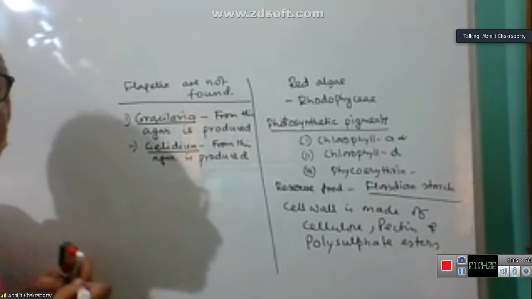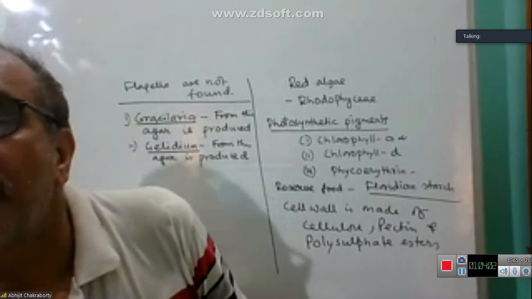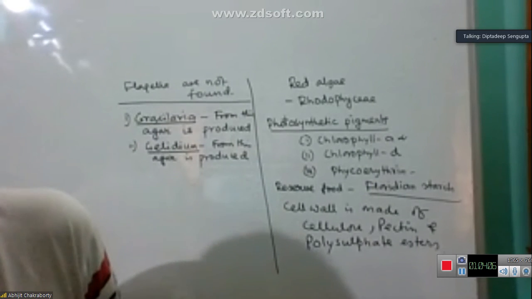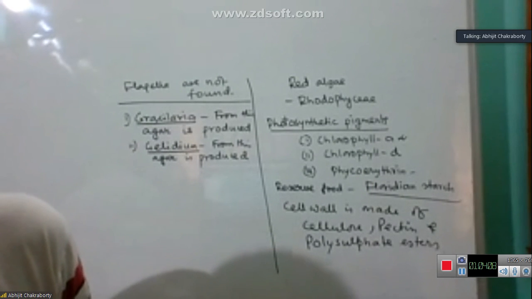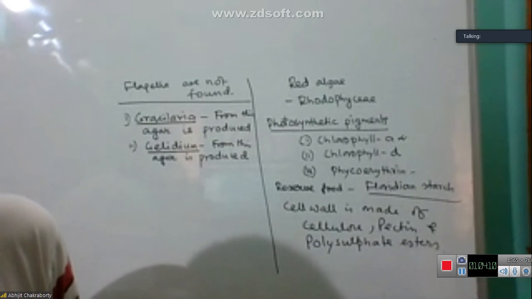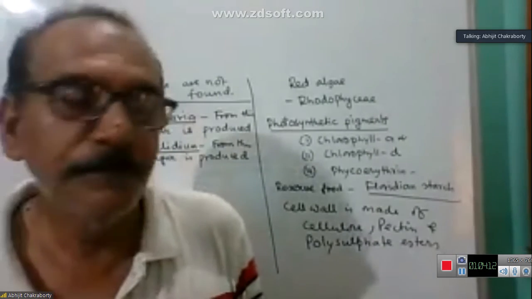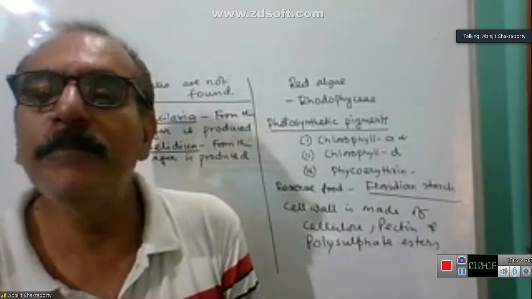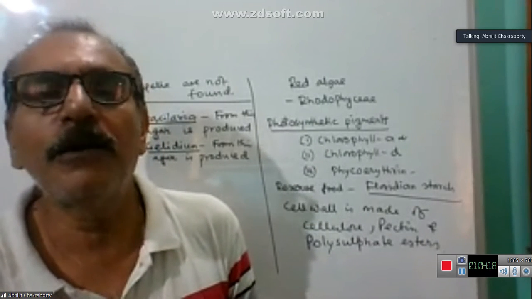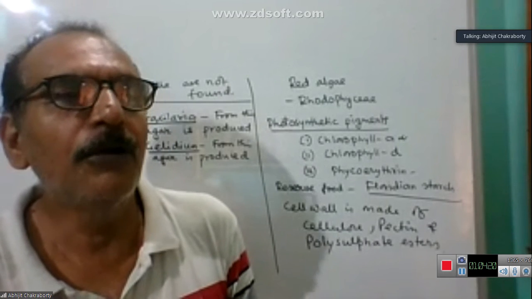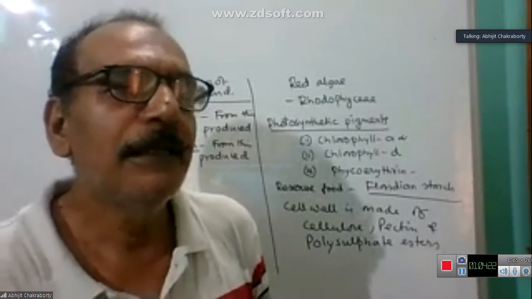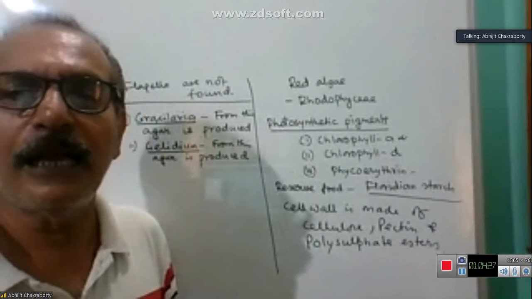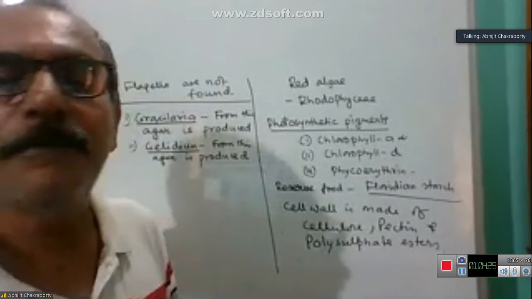Do you know what agar is? Actually, it's a product which is used in making medium in the lab where different organisms can grow. Agar medium is used in the lab. This agar is extracted from both Gracilaria and Gelidium.